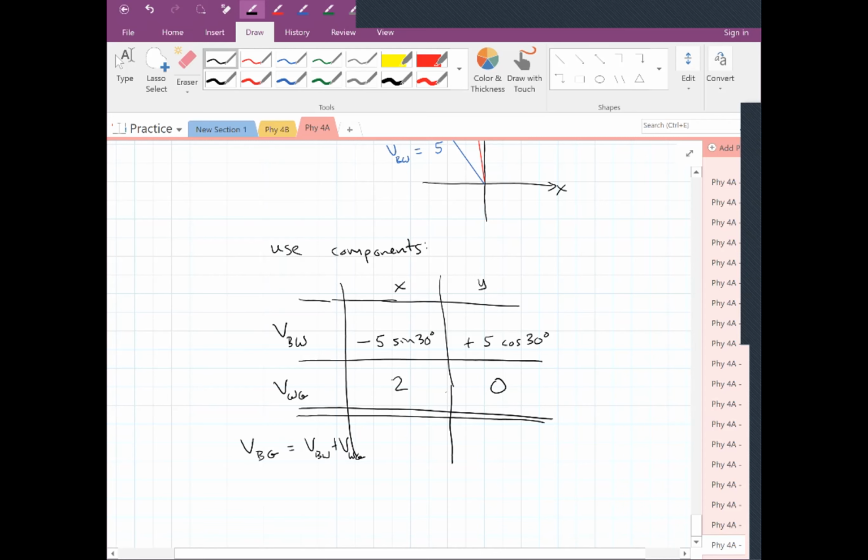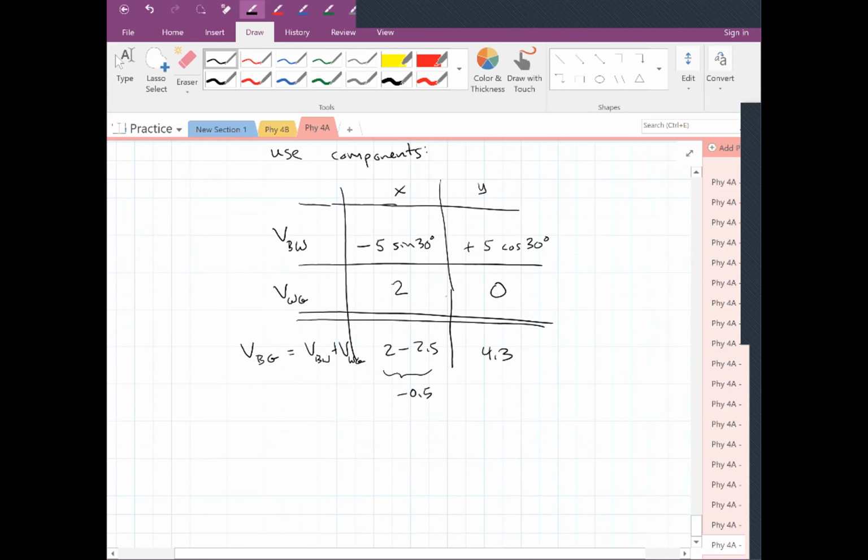So this is going to be 2 minus 2.5, and this one's going to be 5 cos 30, which is about 4.3. So if we draw it out, it's 4.3 in this direction and a half in that direction.